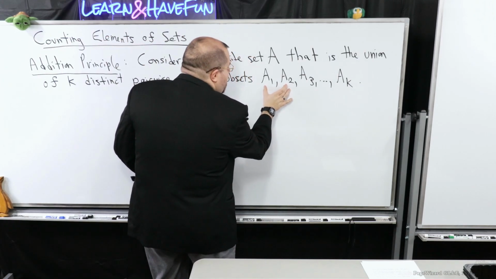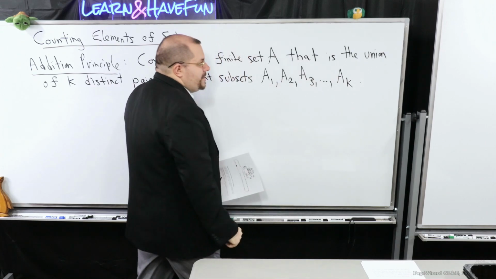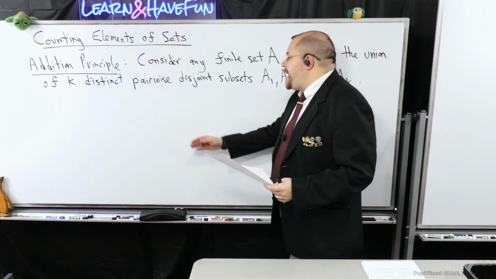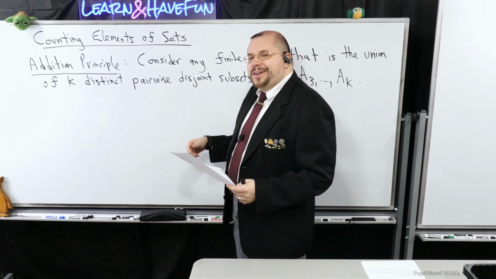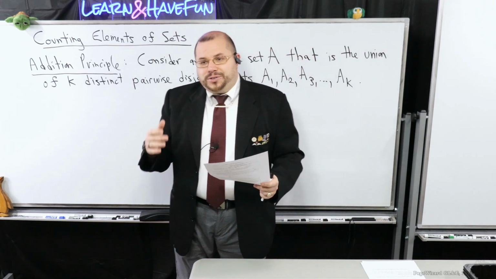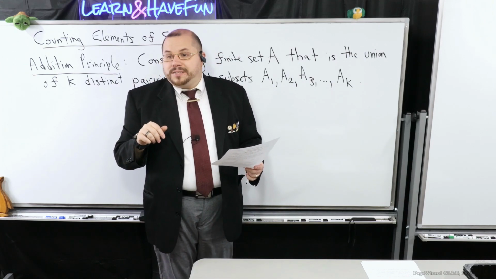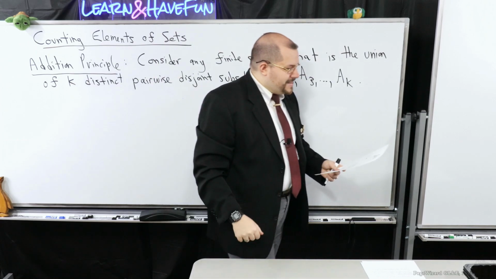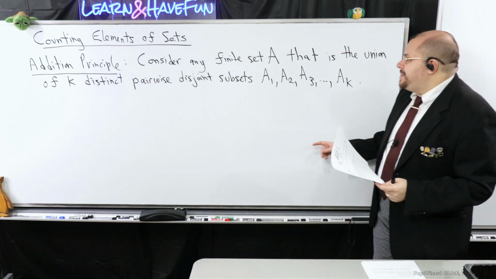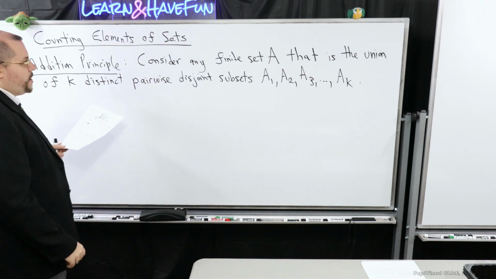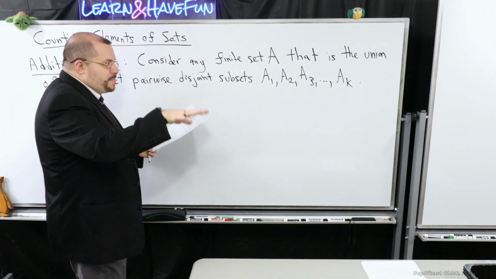If I look at any pair of buckets, they don't have any elements in common amongst each other. So that's what pairwise disjoint means. So that means that if I were to take them together, there should be no elements in common amongst them, okay? So there's K of them, and they have this pairwise disjoint property. So it's just like our bucket scenario.